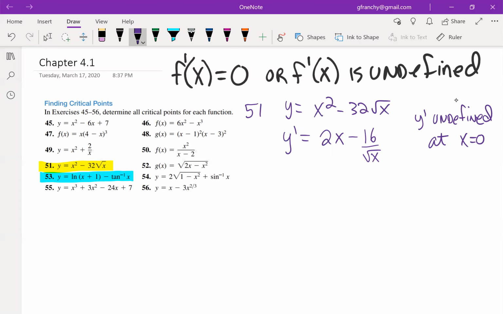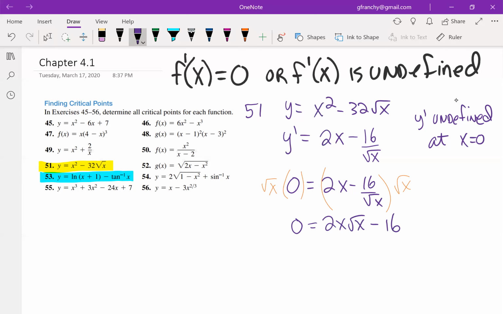But if x is not going to be 0, then we can go ahead and multiply both sides by root x, and that's going to give us 2x root x minus 16.